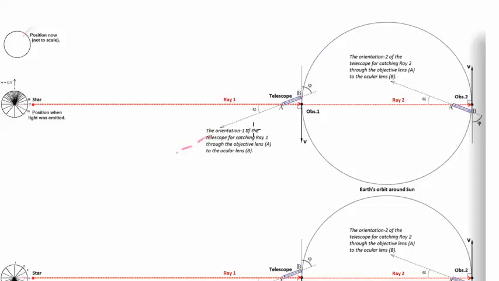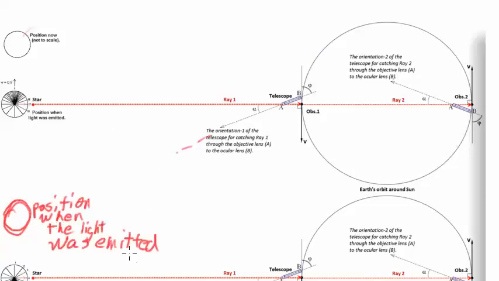If the orientation of the telescope catching ray 1 through the objective lens to the ocular lens B is the orientation, that means that the position when the light was emitted was over here.